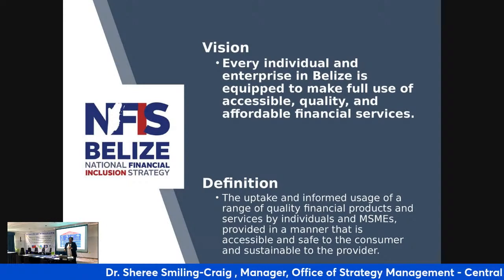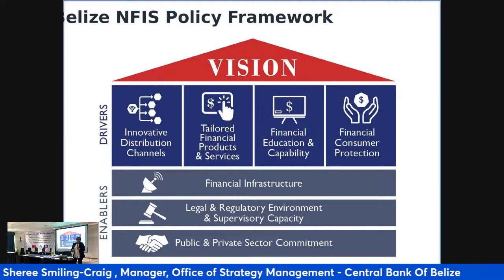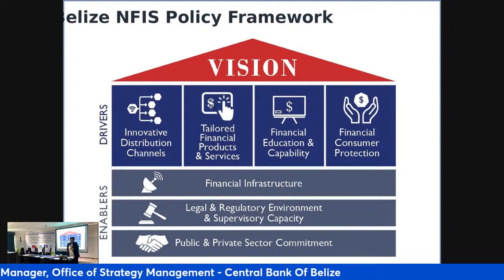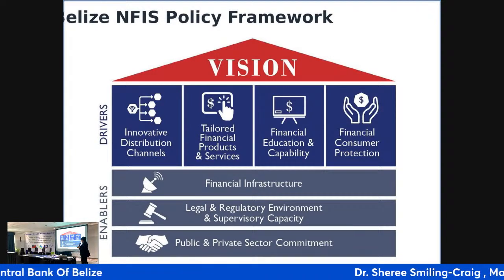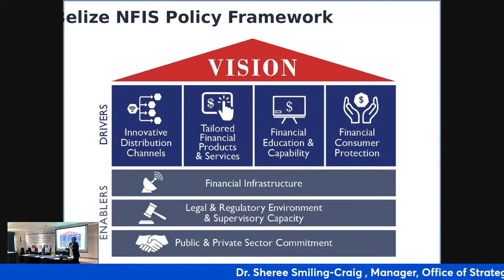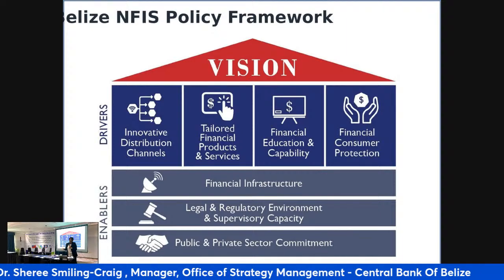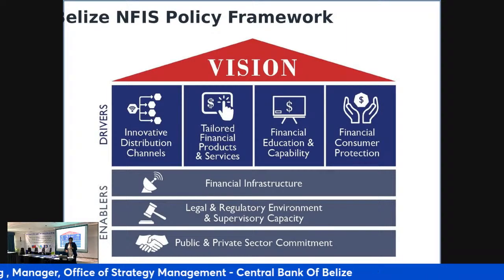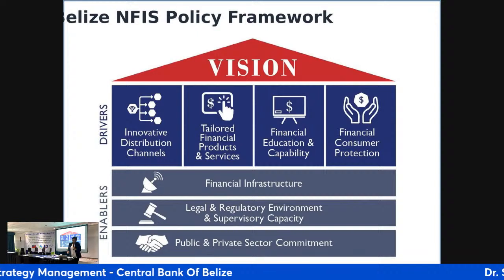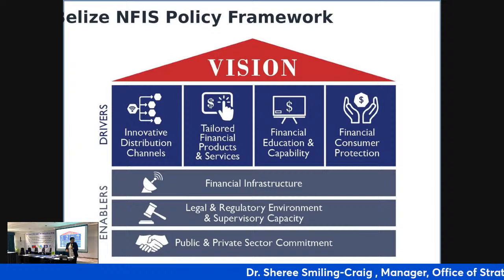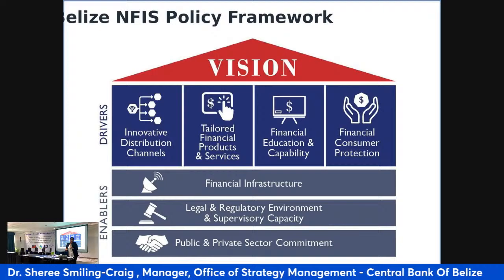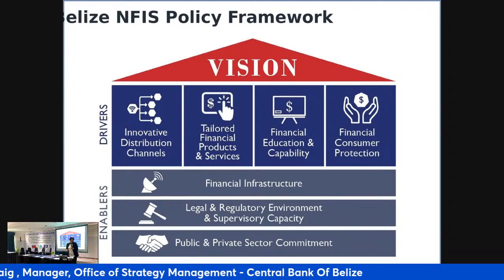All right, so we developed our framework. At the top is the vision that we just spoke to. And then we have these lateral, or what we say, enabling pillars at the bottom. So our enablers, and you look at the base of your house, this is the foundation. If you don't have these, you can't achieve anything else. So at the bottom of our foundation, we say we need public and private sector commitment. We have to work together. We need a legal and regulatory environment to support financial products and services and the use of those.